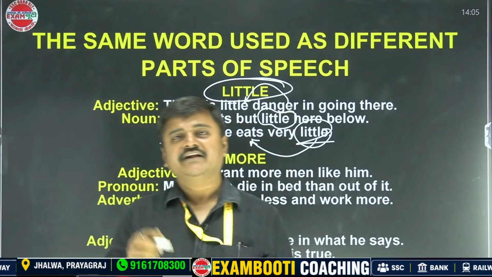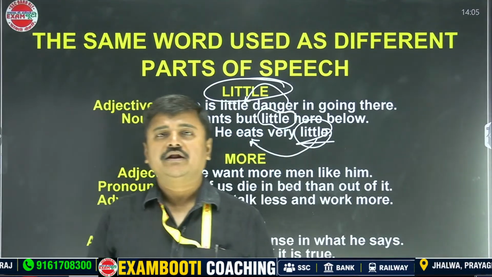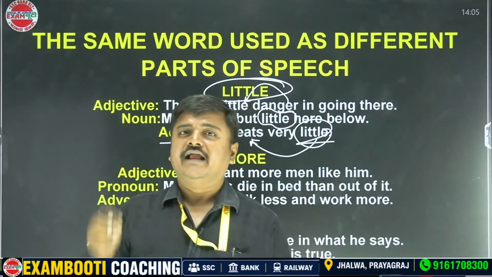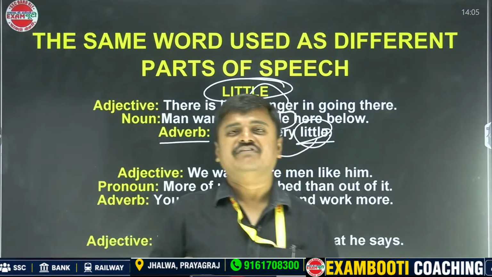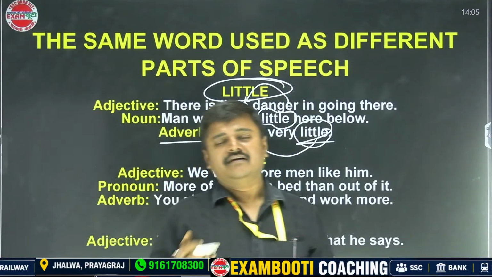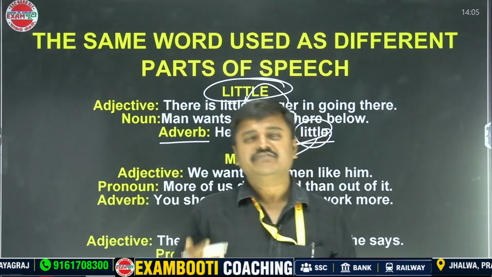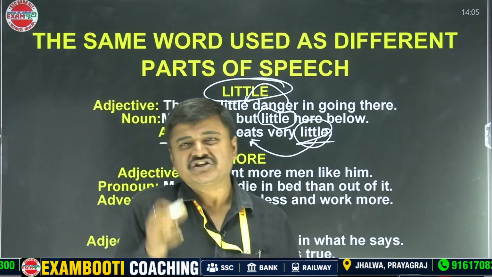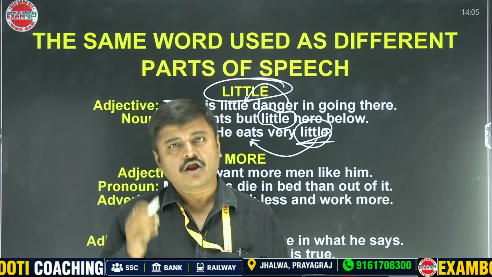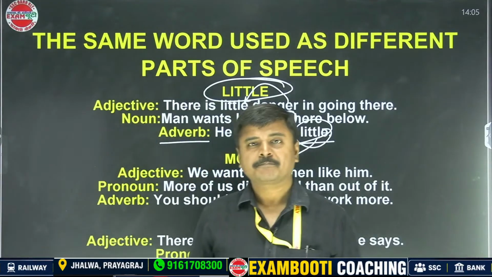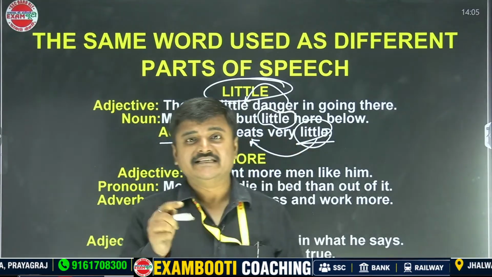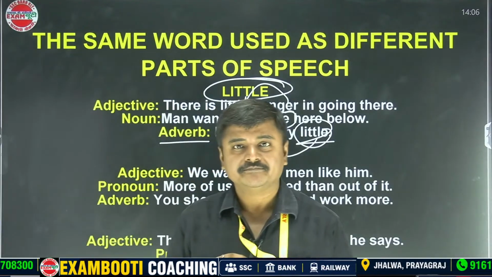And whether it works as an adjective or as an adverb, in both cases you will find it functioning negatively. You will always find its meaning in a negative sense. Remember that. This is the most important thing.